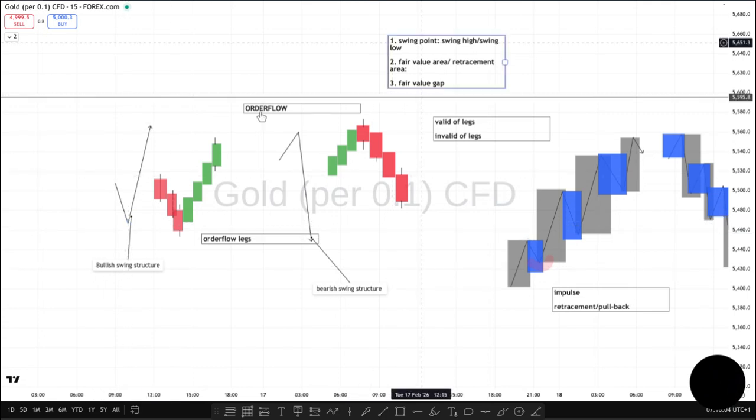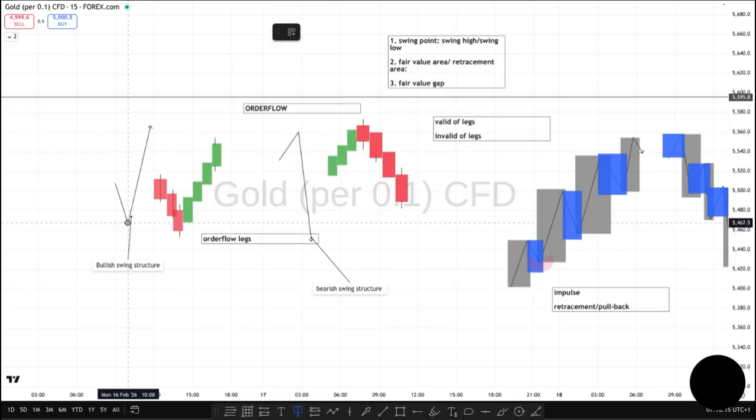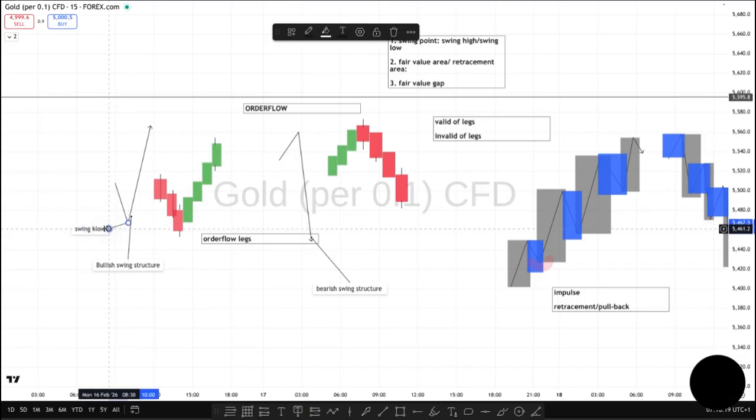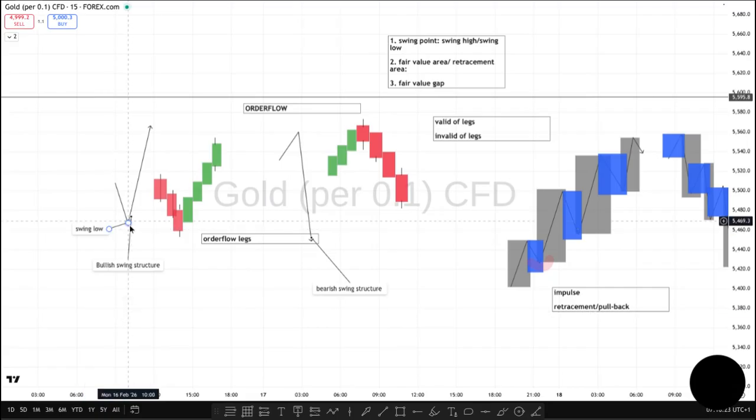So swing points, we start with the fair value area that takes price into a point of interest. Within that point of interest, we have the creation of a swing point. In the case of an uptrend, of a buying market, it's a swing low, right? Price creates a swing low, and then from that swing low, we have the impulse move beginning.